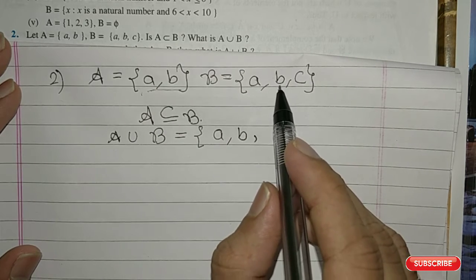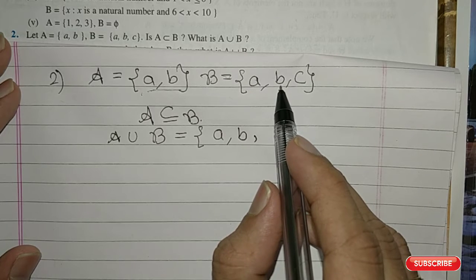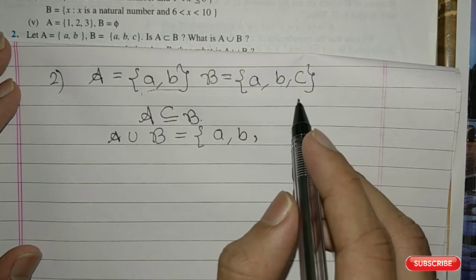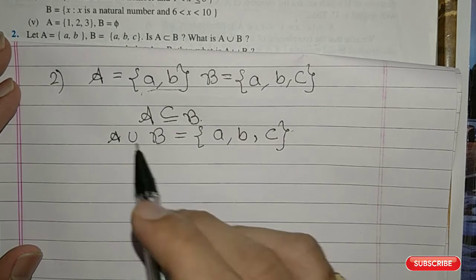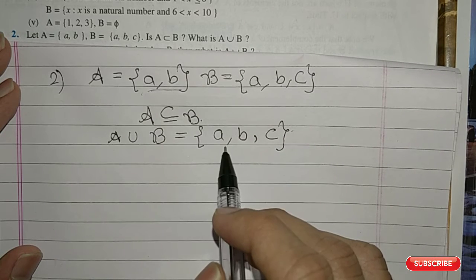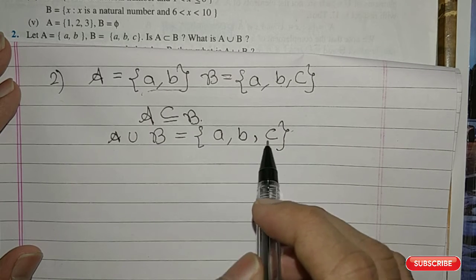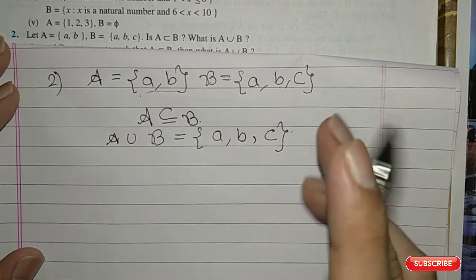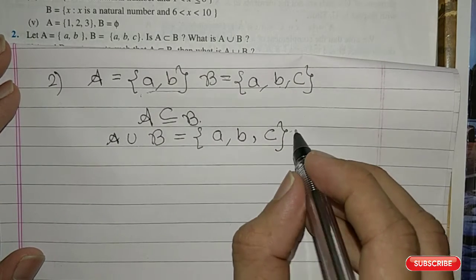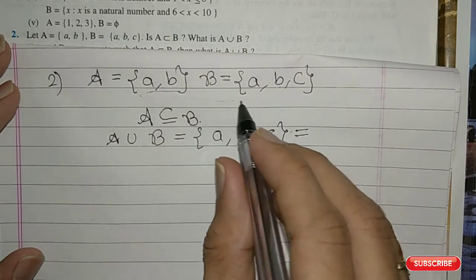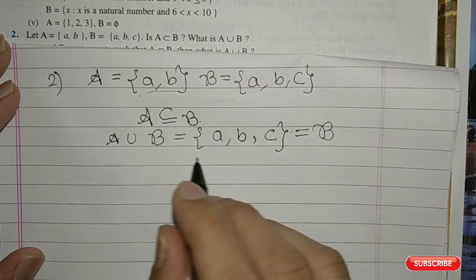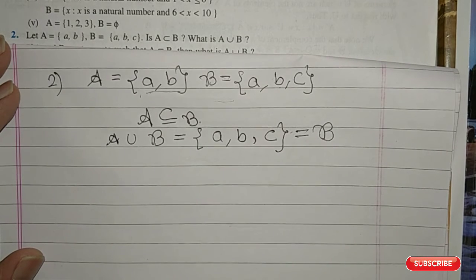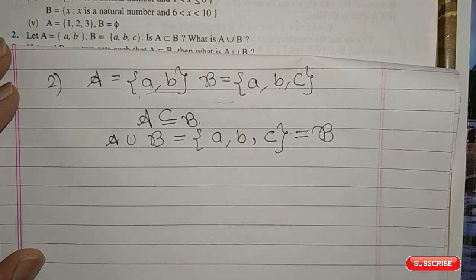Then you go to the second element b, which is also already written, so you have to write c. So A union B is nothing but the set {a, b, c}, and you can see that this set {a, b, c} is nothing but the set B. So we have found the set A union B for the second example.